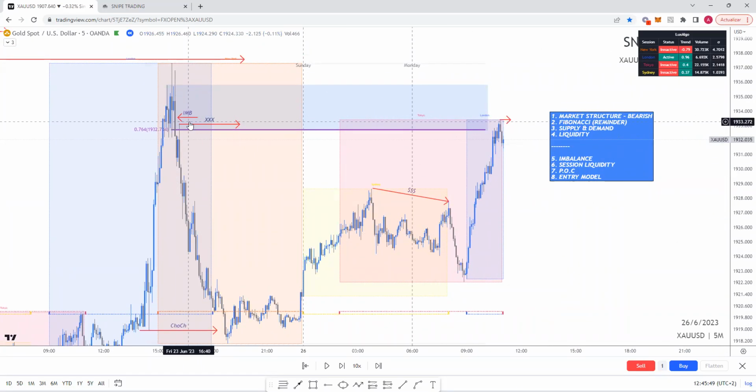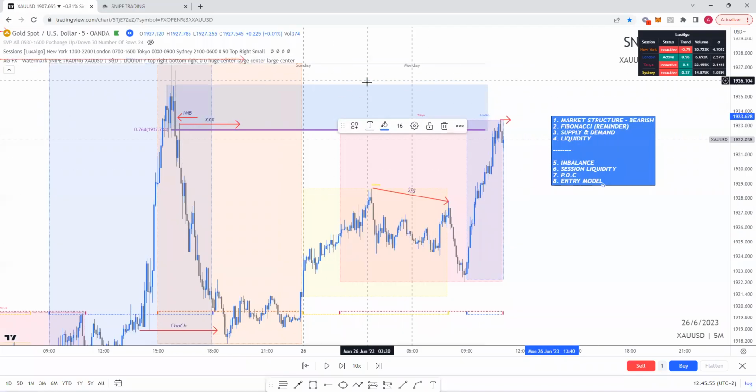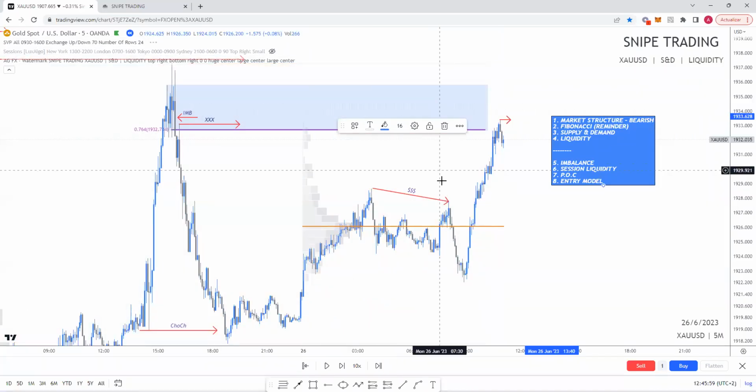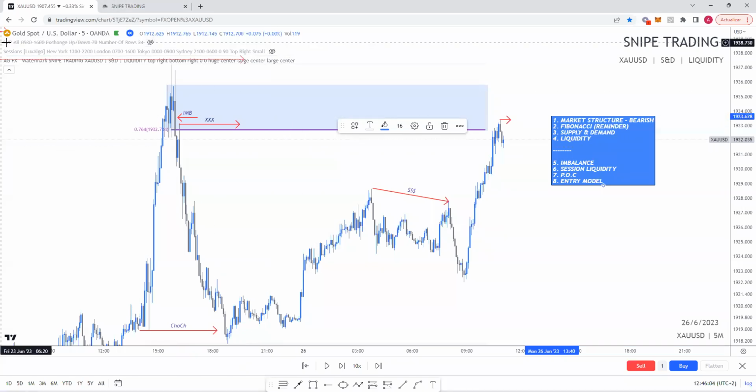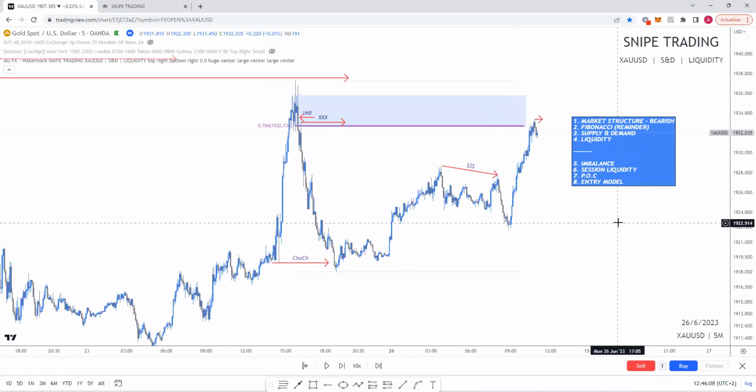This is our imbalance, which price taps into. Then point of control, let's see if the point of control lined up. Point of control did not line up. And entry model, we could argue there is an entry model.